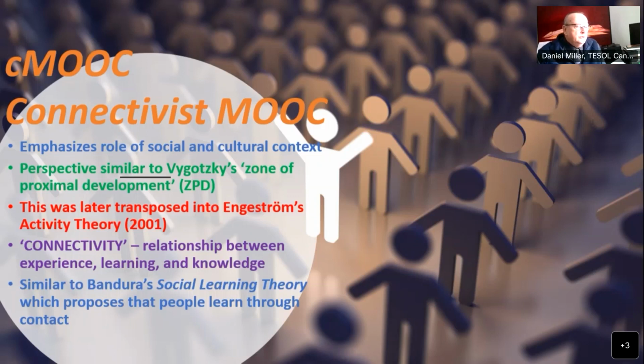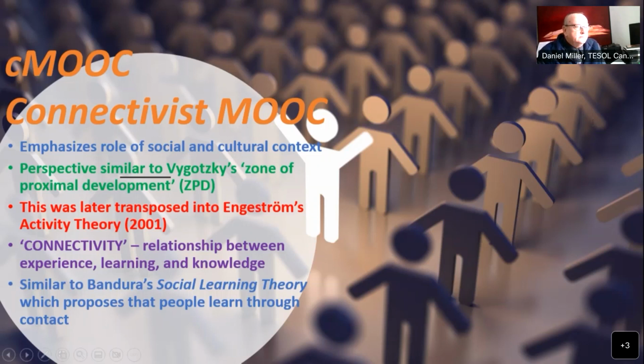But you can type any of these into your Google search bar, and you can read about Vygotsky's zone of proximal development, Engstrom's activity theory, or Bandura's social learning theory. They are very widely written about, and Google has all that information stored, just waiting for you to go searching for it.